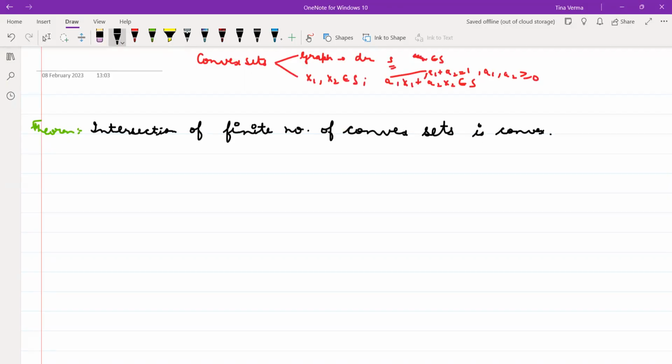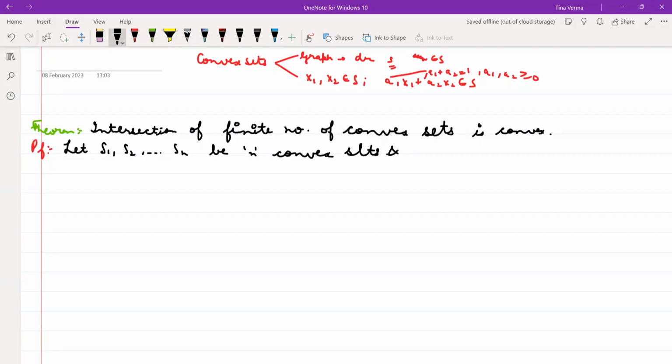So this we have to prove. That means whatever intersection we take, that will be a convex set. Because we have to take a finite number of intersections, let me take S1, S2, ..., Sn to be n convex sets.